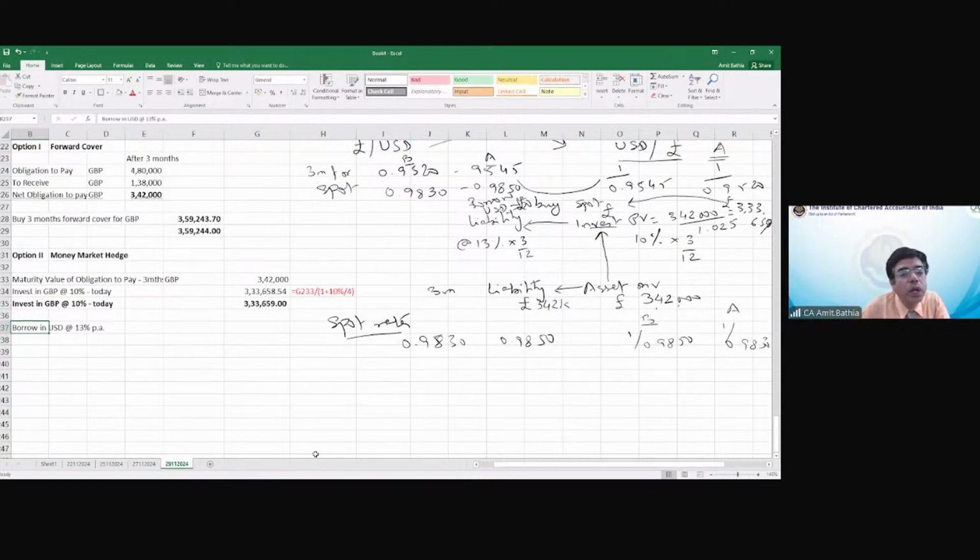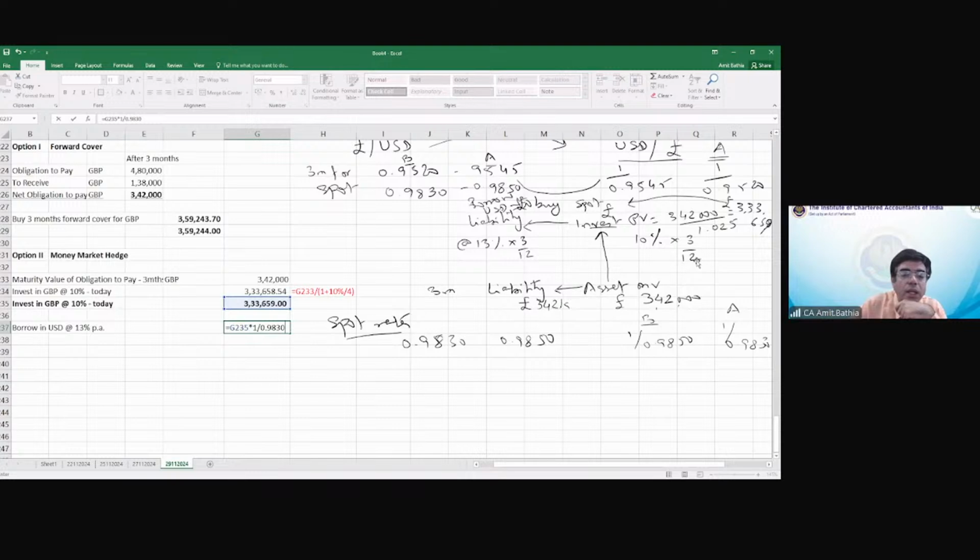All right. So, how much will be my borrowing? It will be the spot rate of that GBP. I need to have 333,659. I will need to buy today this much at the spot rate, which is into 1 divided by 0.9830. Am I right?